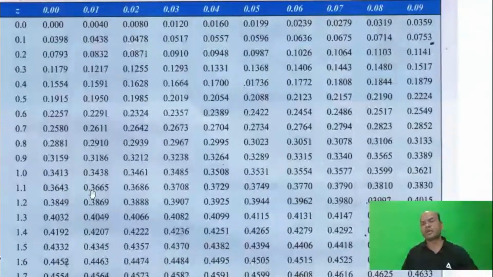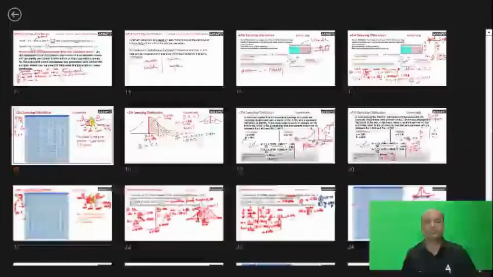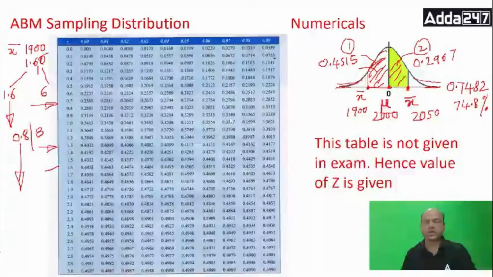So it is correct, 0.1064. Got it? 0.27 is 0.1064. Clear? This is how you have to do it. Let it be anything.